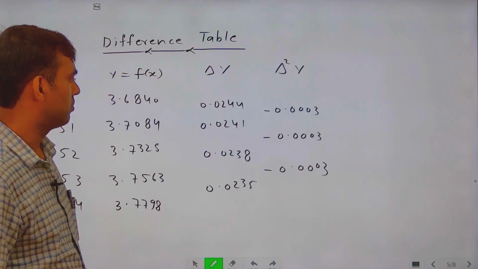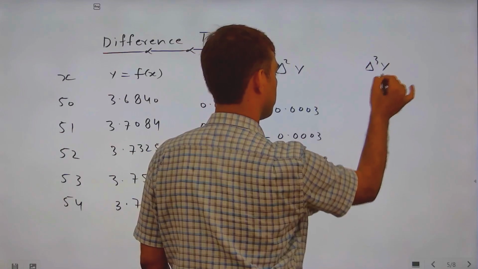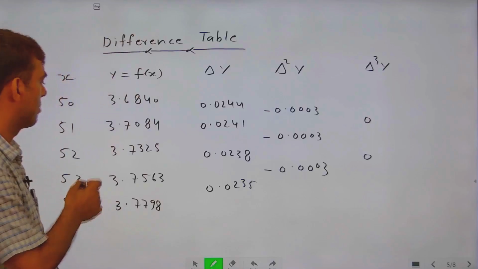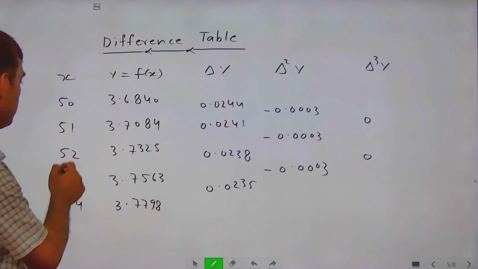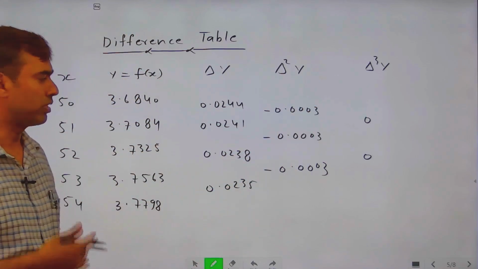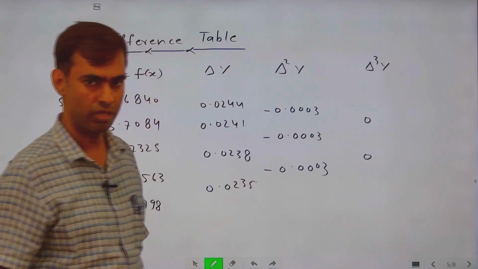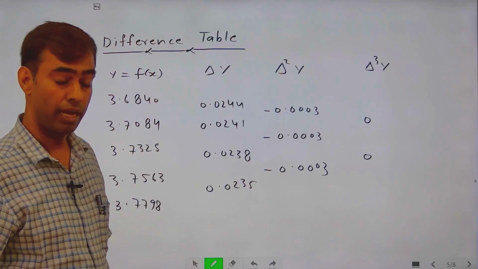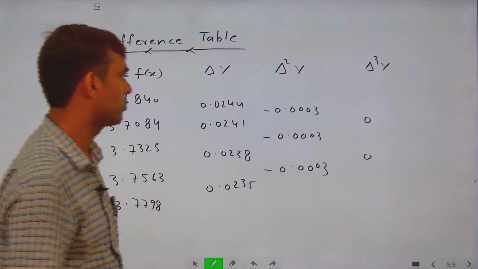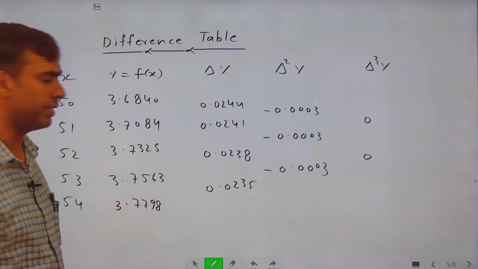So del 3 y is 0. That means the given data has a constant second order difference and a zero third order difference. So this is a polynomial of degree 2, because as we know the nth difference of an nth degree polynomial is a constant, and the n plus 1 difference is 0. Here the third difference is 0, so this data satisfies a polynomial of degree 2.